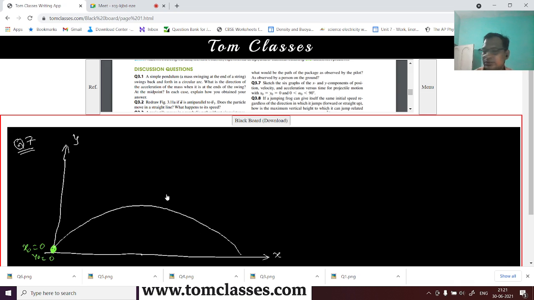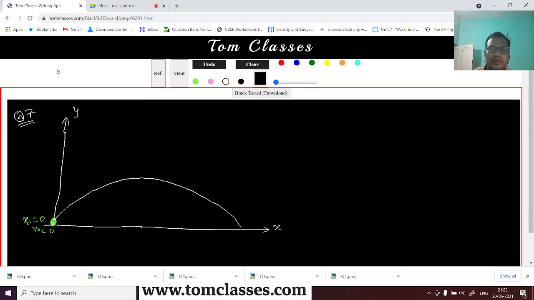Okay, so the position graph is going to be like this, and this is going to be x max, that is the range. And this is y max, that is the maximum height.